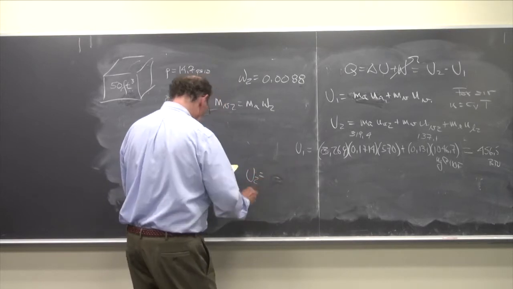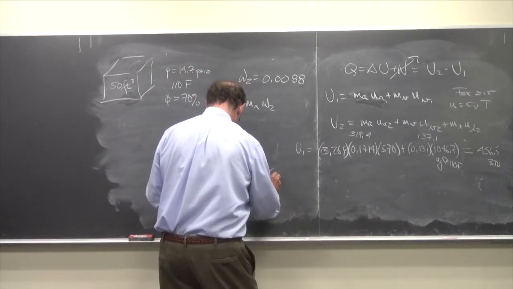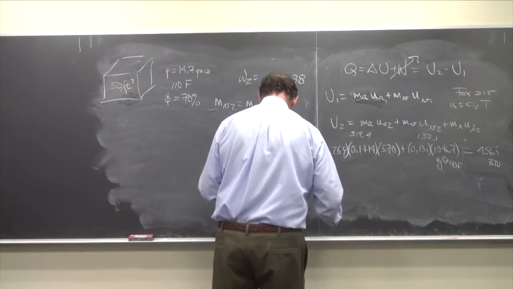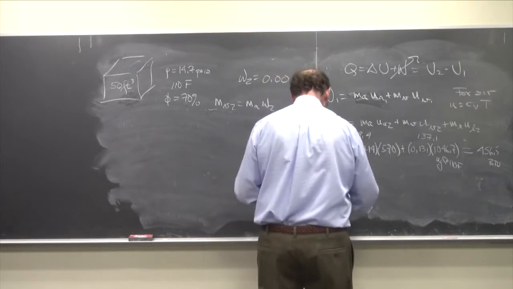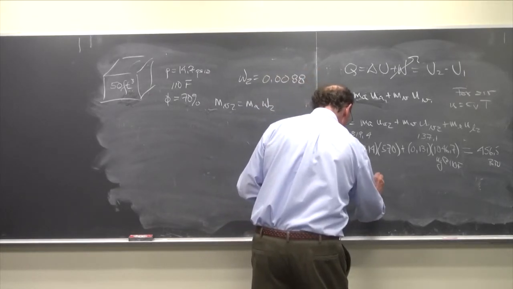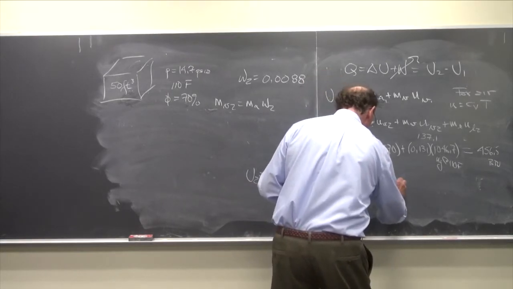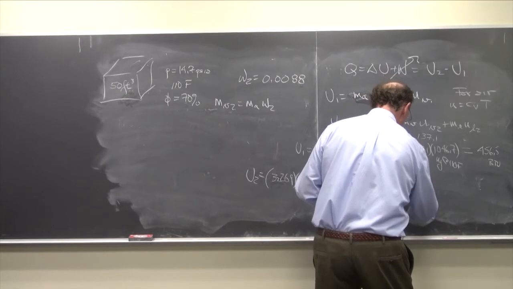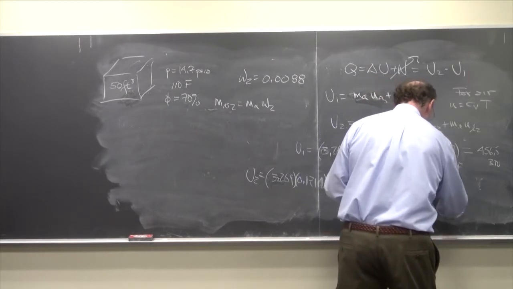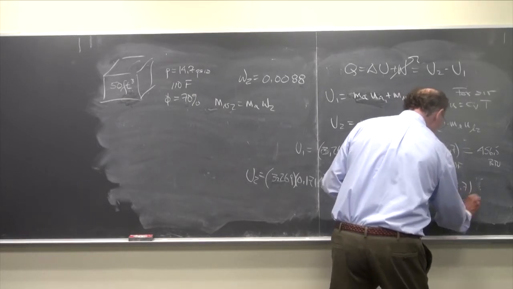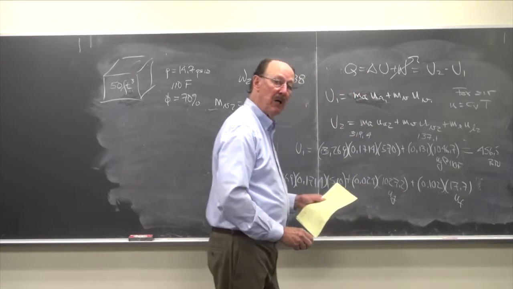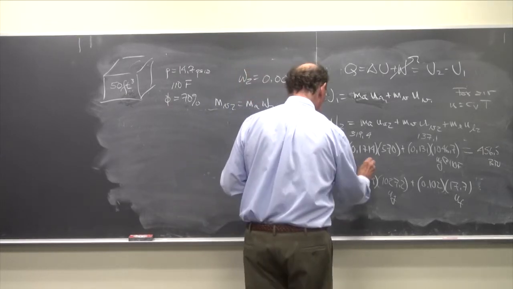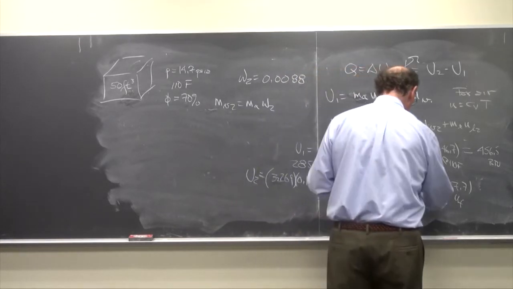U2 is equal to 3.269 times C sub V 0.1714 times 510 degrees, plus 0.029 times 1027.2, that's U sub G at the lower temperature, plus 0.102, the mass of the liquid, times 17.7, and this is U sub F. If I multiply these terms out, this is 285.7, 29.8, 1.8.